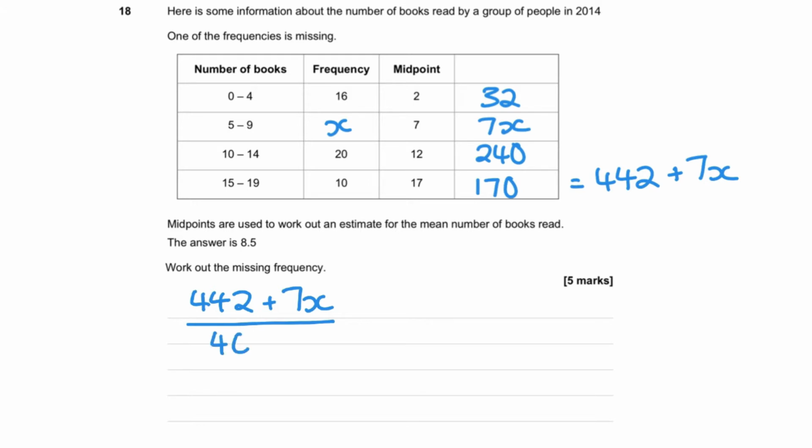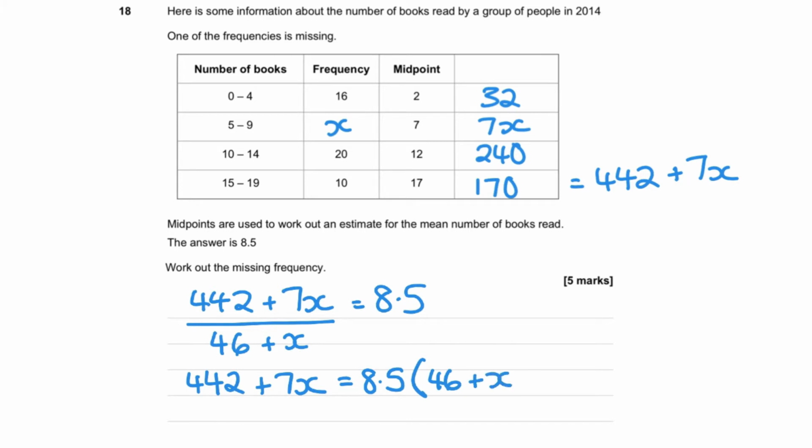So the calculation for working out the mean is 442 plus 7x divided by the total frequency, so that's 46 plus x, and we know that that's equal to 8.5. So we're going to do a little bit of rearranging here. We're going to times both sides by 46 plus x. So 442 plus 7x is equal to 8.5 times 46 plus x.